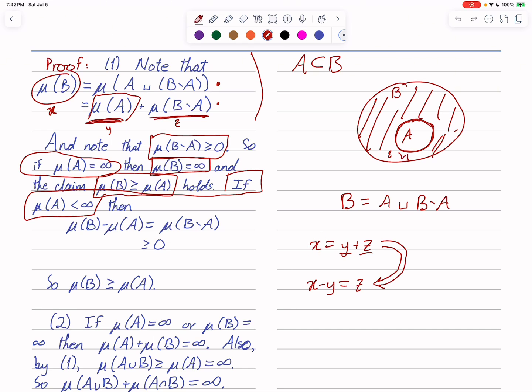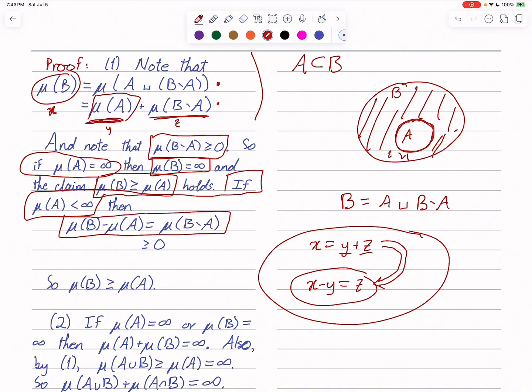We're now dealing with a situation where all of these quantities are finite, and we know that when they're finite, subtracting Y to the other side is a valid move. So, in effect, what I have just done quickly is to argue that subtracting Y to the other side is still a valid move so long as Y is a finite value. And that's why I get to do it here. I'm basically using that principle to arrive at this equation.